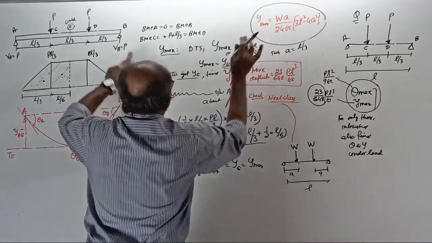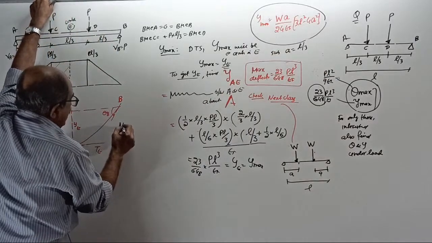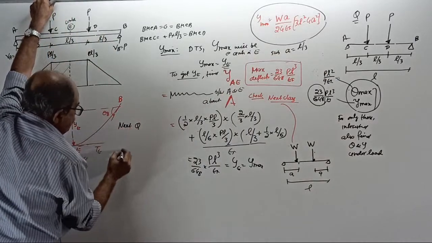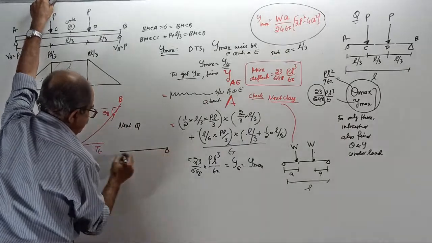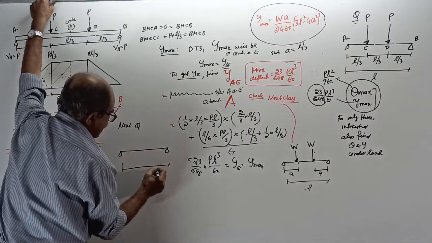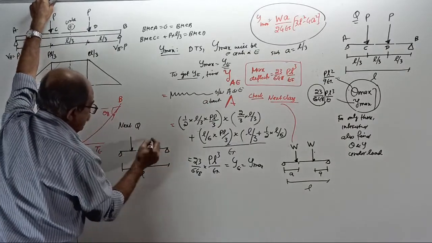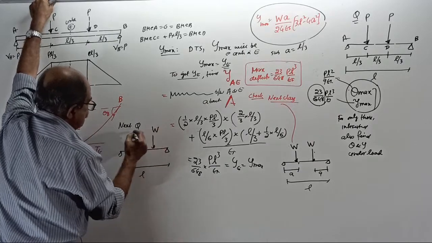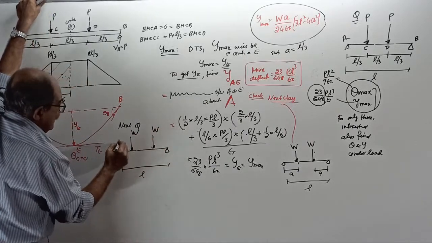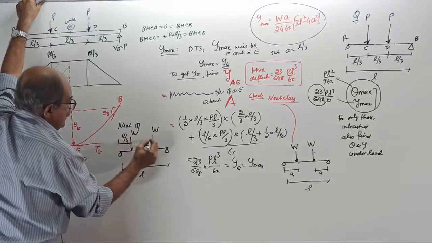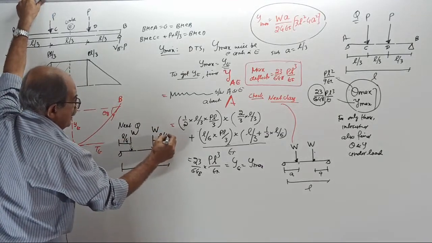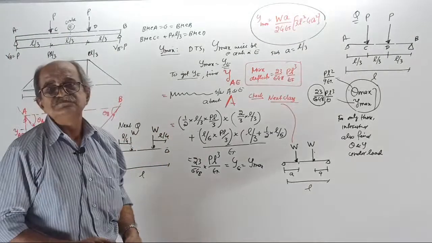Now I will give homework for you. Next question will be a simply supported beam, span L, two loads of W, W, not at one-third span but at L by 4 from here and L by 4 from here. That is quarter span. Clear?